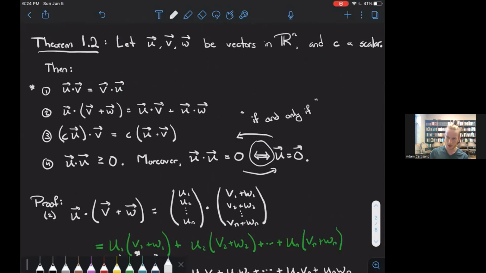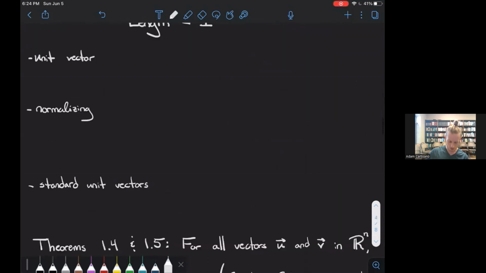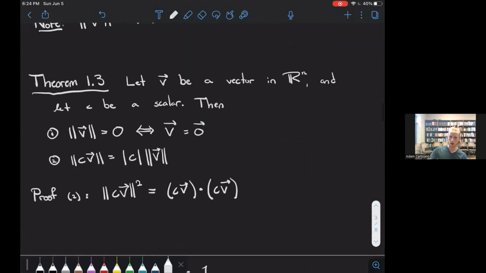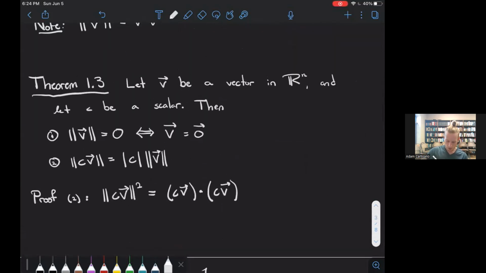By property 3 of theorem 1.2, that's what we're going to use. By property 3, I want to take a scalar times a vector dot another vector. Well, I could have just done the scalar times the vector dot the other vector. That was theorem 1.2, part 3 applied right here.